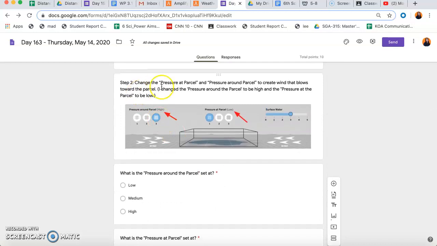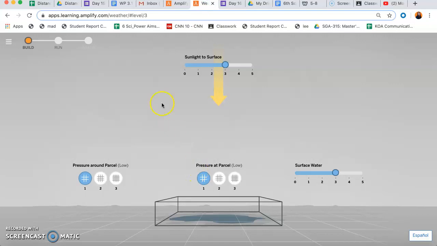Step 2, change the pressure at parcel and pressure around parcel to create wind that blows toward the parcel. Knowing what we have learned about wind, I know that wind happens when there are two different air pressures. Right now, the air pressures are the same.